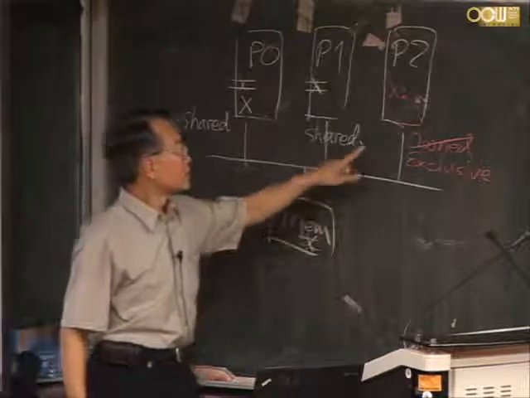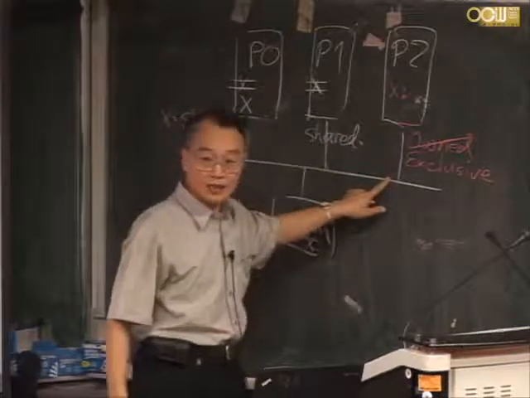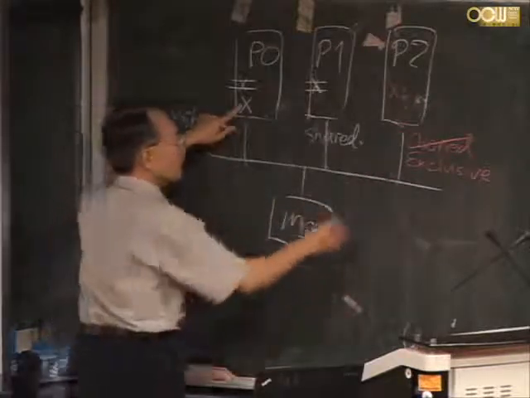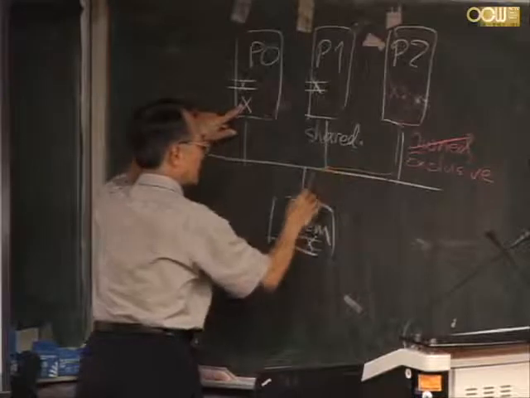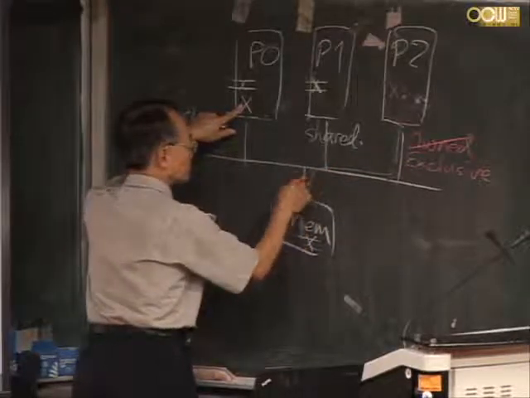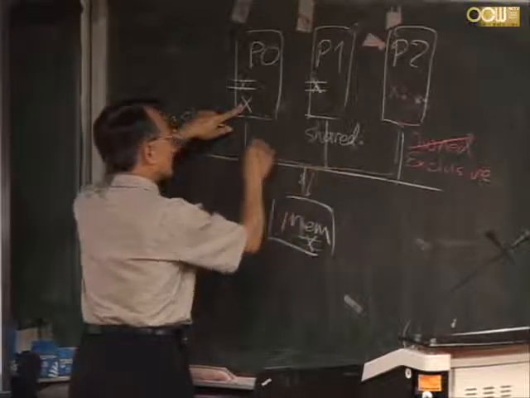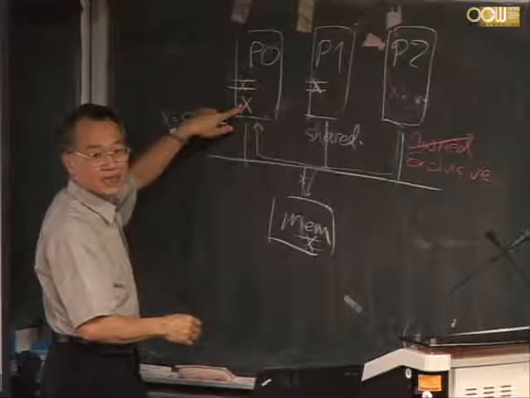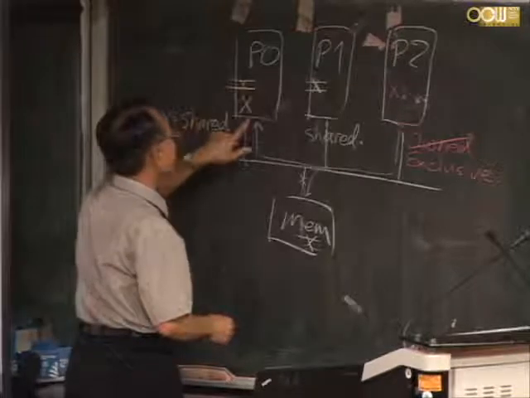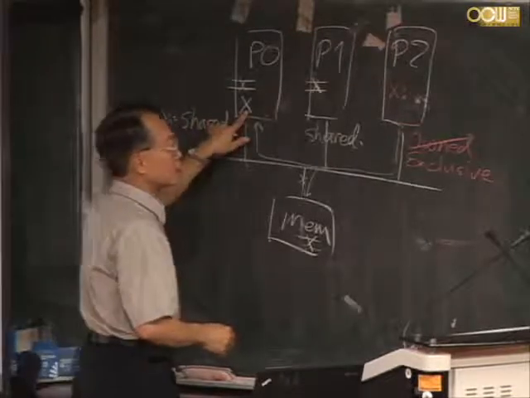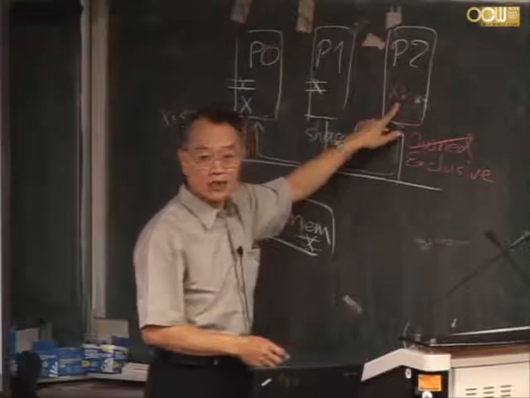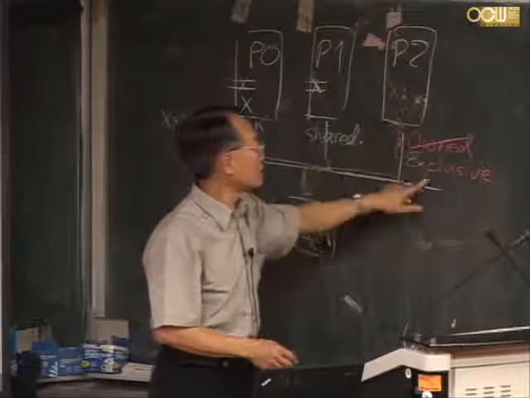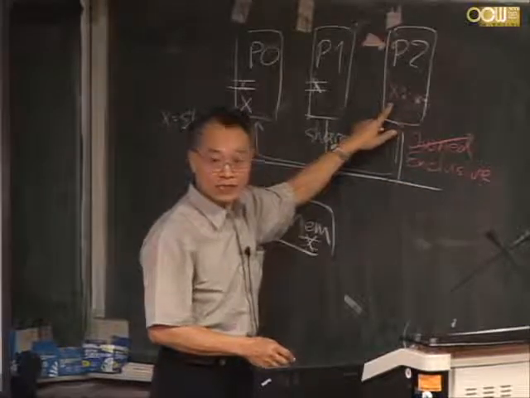Luckily enough, does P2 see this signal? Yes, so P2 sees the read and it will send out a signal saying, hey, memory, don't move, or ignore memory, listen to my reply. I'll give you the X value. So P0 gets the X value. Does P2 have the X value? Yes, but now it's no more exclusive for itself.